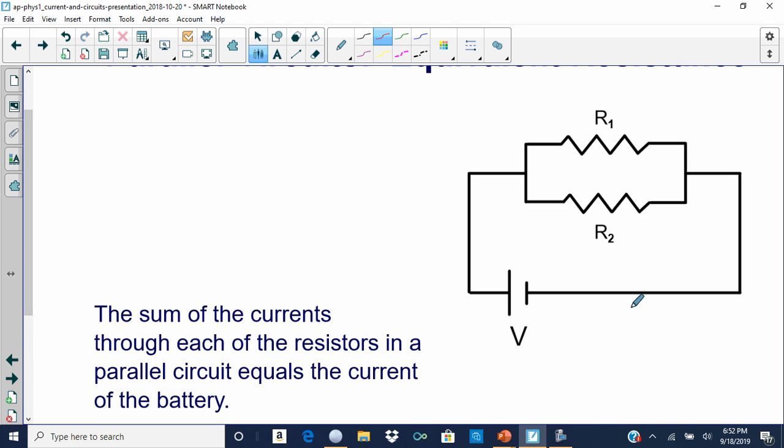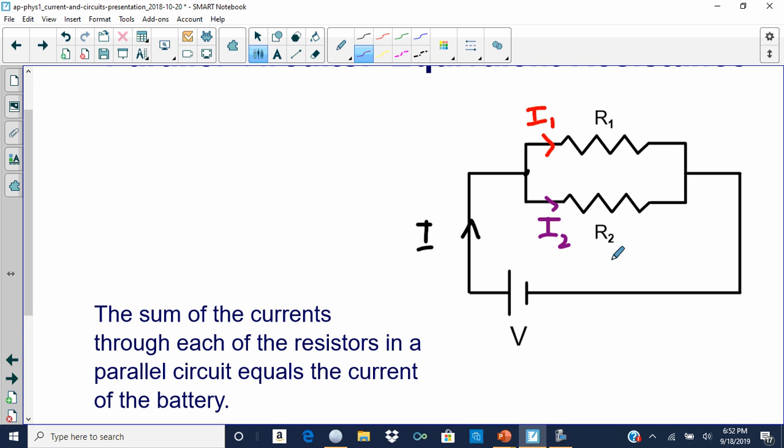Okay, so look at the drawing here. Remember we have I coming out. It splits here. We're going to have I1 going through R1, and we're going to have I2 going through R2.